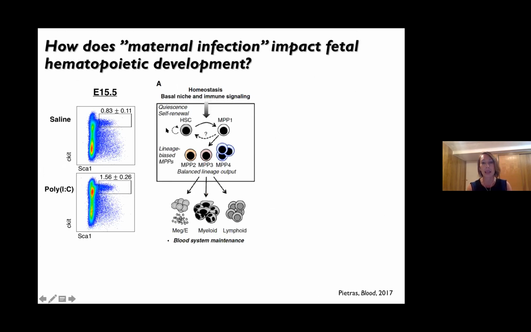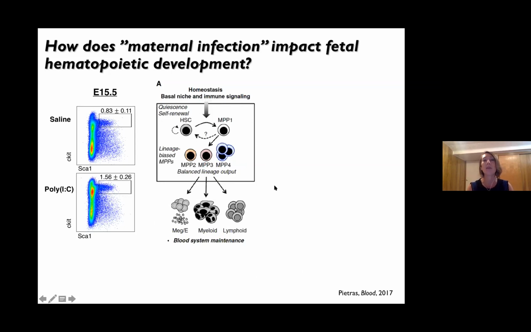So in adulthood, you have a subset of MPPs with variable lineage bias, where your MPP2 and MPP3 pump out really your myeloid lineages, specifically MegE and GMs, granulocyte macrophages. And your MPP4 are your more lymphoid biased progenitors. And under homeostatic conditions, these lymphoid biased progenitors are more frequent.